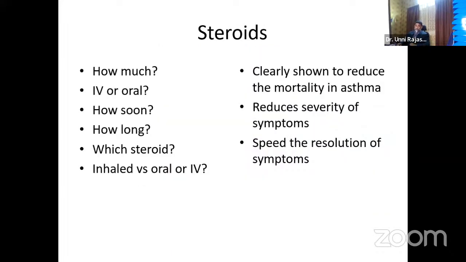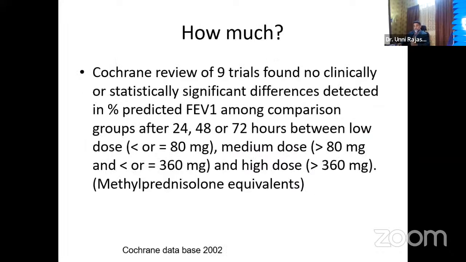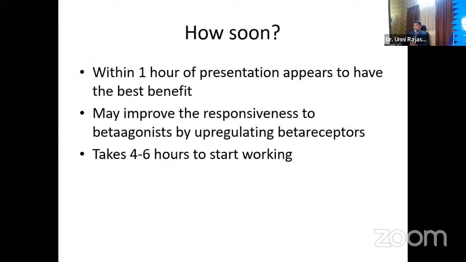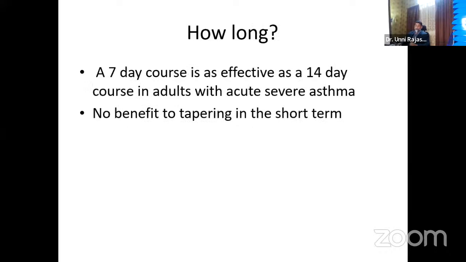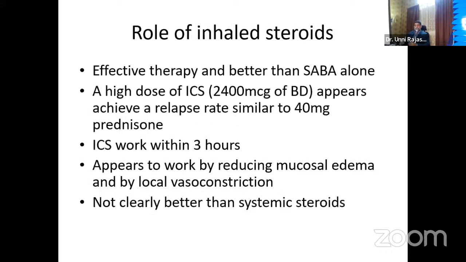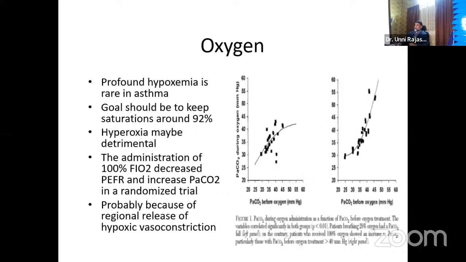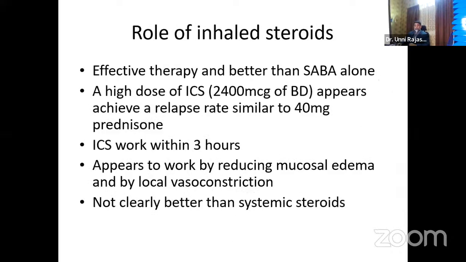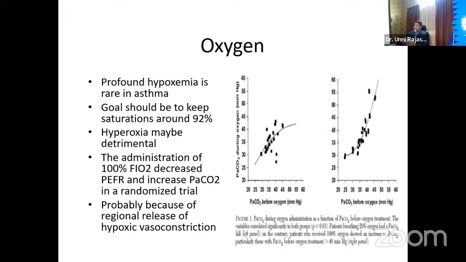Steroids play a major role in the treatment. There have been debates on how much, which route, how soon we need to use, and how long we need to use this medication. There's always a need for inhaled steroids, and we do use injectable and oral forms of steroids in our asthmatic patients. Oxygen has a role, and the goal should be to keep a saturation around 92%.